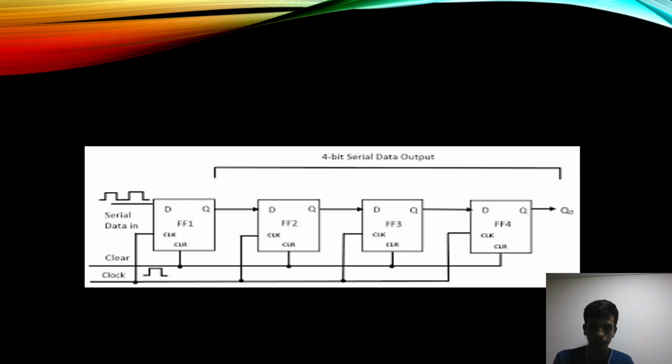See this input: D1, D2, D3 and D4 are the inputs. Here Q1, Q2, Q3 and Q4 are the outputs.